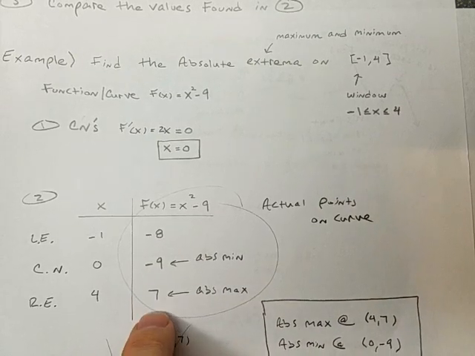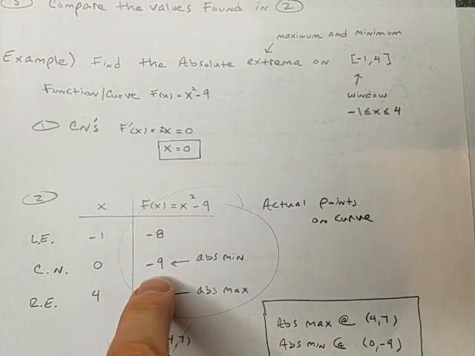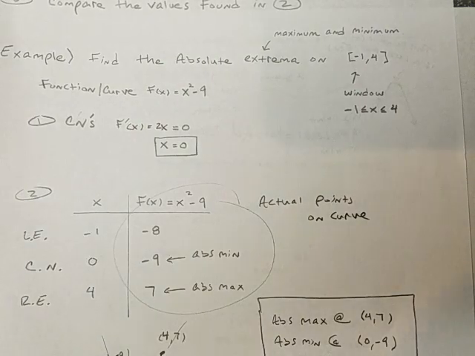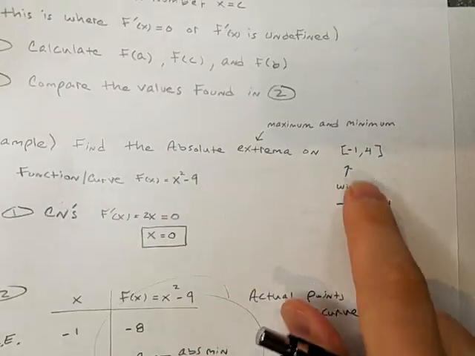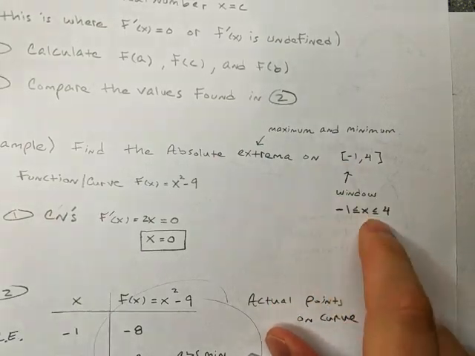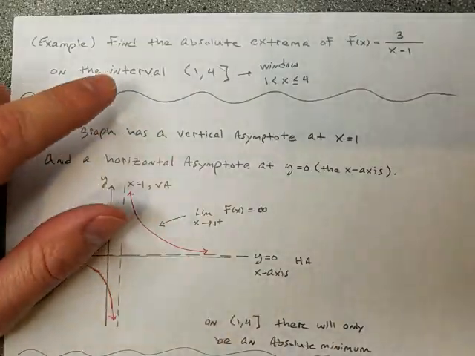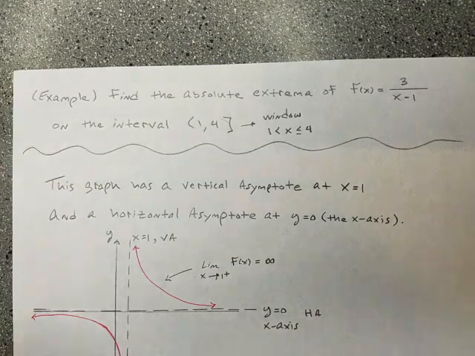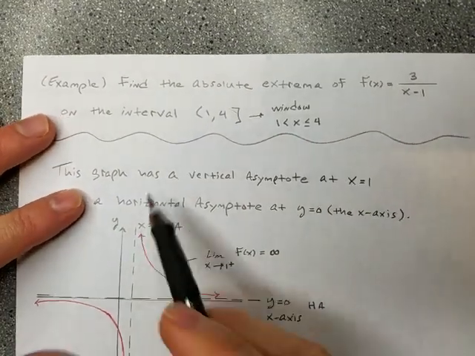You'll notice that 1 is larger than the others, and 1 is smaller, and that's the absolute maximum and minimum. That's for a closed interval, where the left and right endpoints are included. Here, the left endpoint's not included, so we can't do it that way. So we'll just look at the graph.